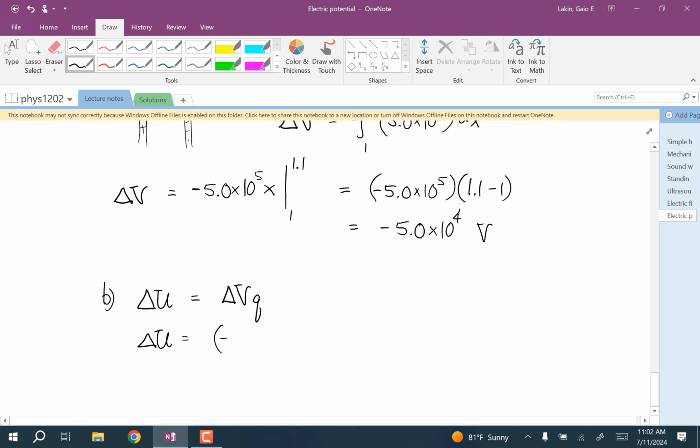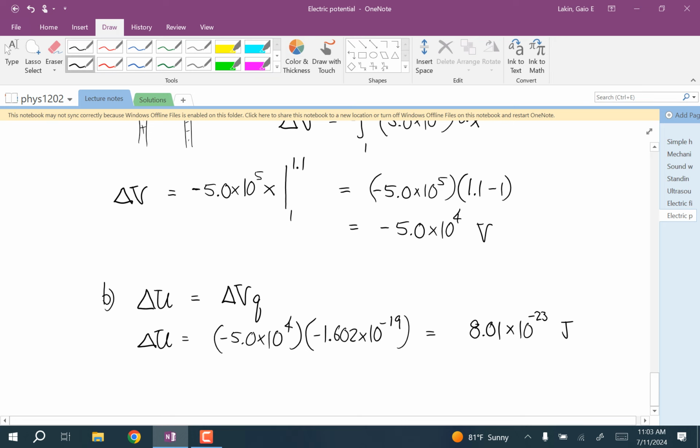So this is negative 5 times 10 to the 4th. The charge is negative 1.602 times 10 to the minus 19. And so we get a potential energy change of 8.01 times 10 to the minus 23rd joules.